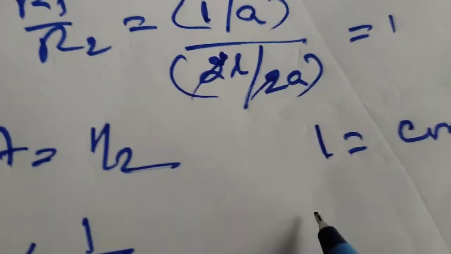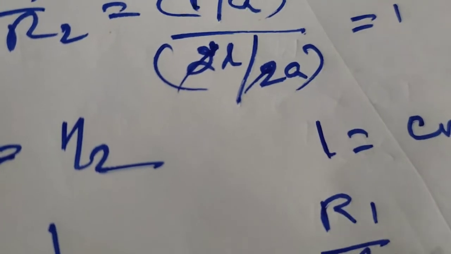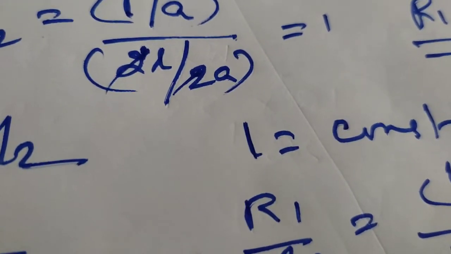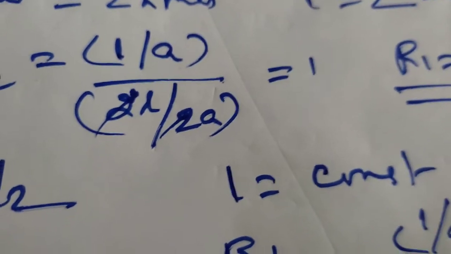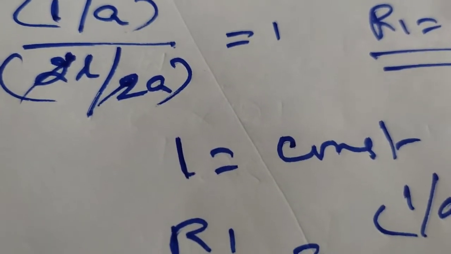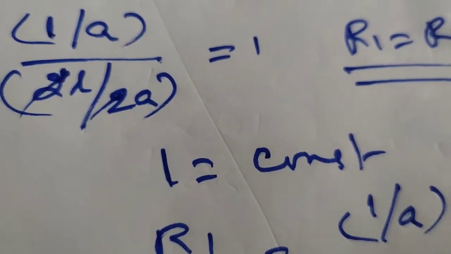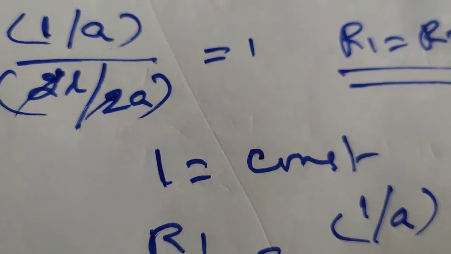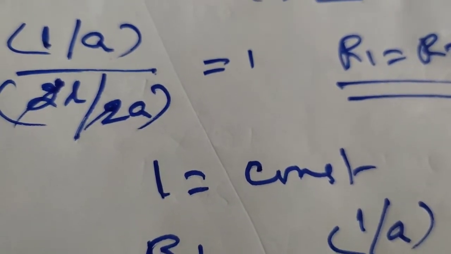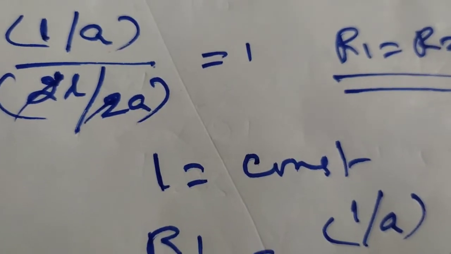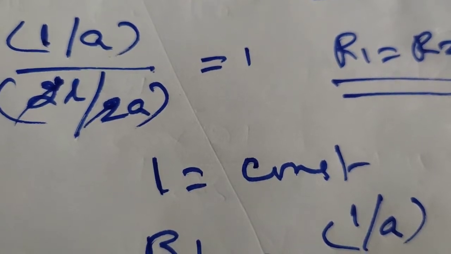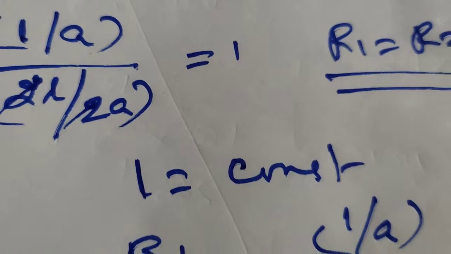That means R1 by R2 becomes 1 by A divided by 1 by A by 2, which is 1 by A into A by 2.